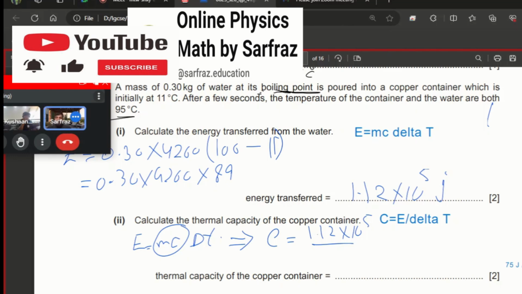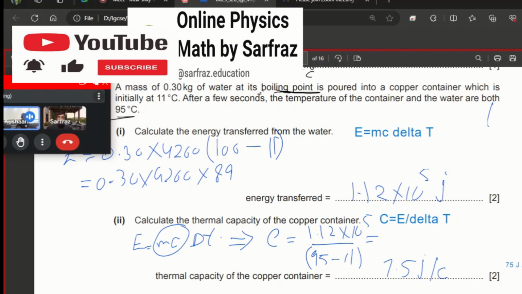Initial temperature of container is 11, final temperature is 95. So 95 minus 11. Is it okay? So you just multiply it and you will get the answer. And by the way, it will be 7.5 joules per degree centigrade. Is it okay?